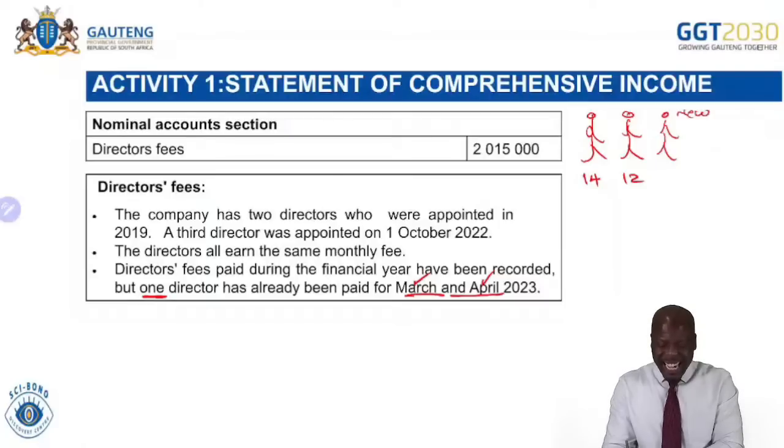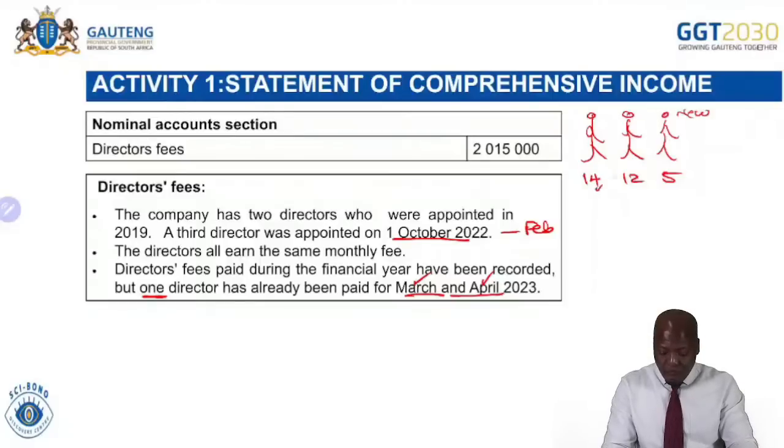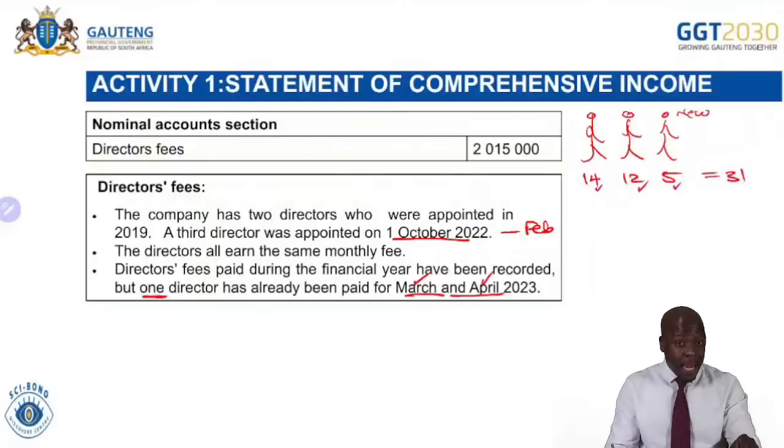And this is the new guy. Remember, this is the new director. The new director was appointed when? 1st of October. So we count from October until the end of the financial year, which is February. That gives us how many months? 5 months. In total, we are now saying the 14 plus the 12 plus the 5. That will give us 31 months that we have paid.